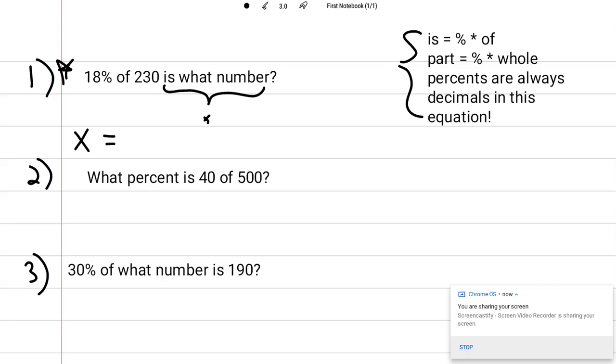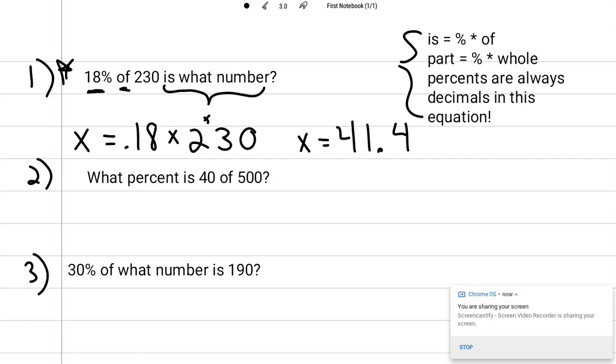My percent is 18%, but I need that to be a decimal, so 0.18 times of, which is right here, 230. So when I multiply all of these together, I'm going to get an x value of 41.4. So what this answer is saying is that 18% of 230 is 41.4.